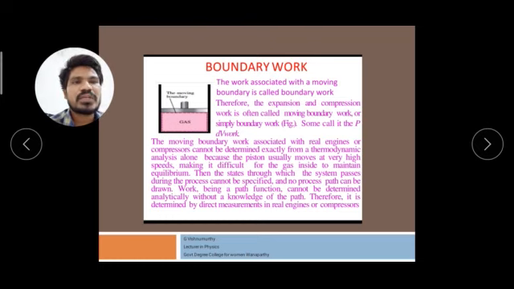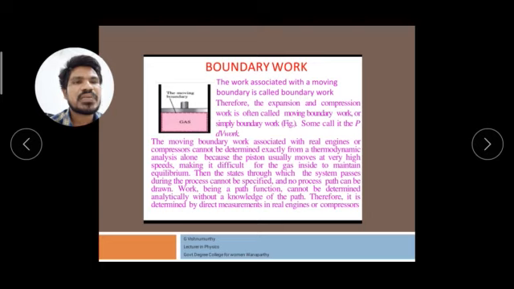The moving boundary work associated with real engines or compressors cannot be determined exactly from a thermodynamic analysis alone, because the piston usually moves at very high speeds, making it difficult for the gas inside to maintain equilibrium.